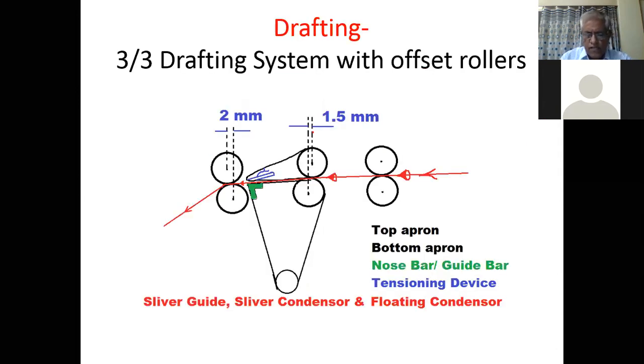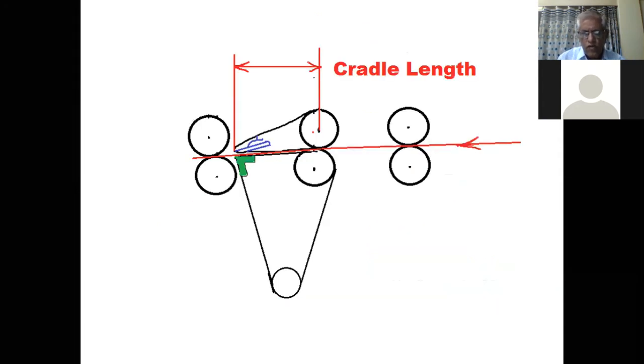So spacer is also used. Spacer is used to control the distance between top and bottom apron. So space between top and bottom apron is decided according to the hank of the material and type of material to be processed.